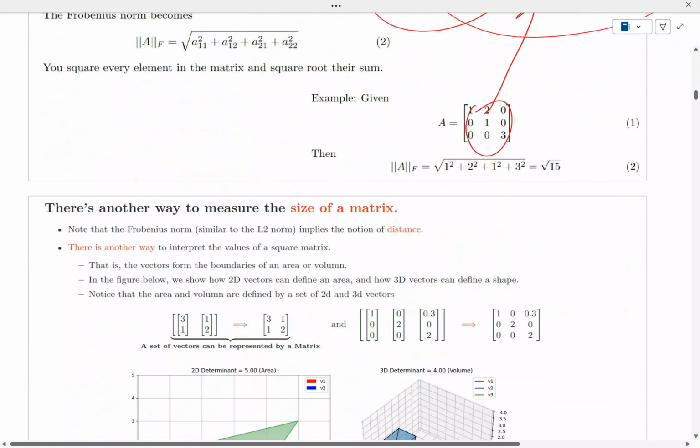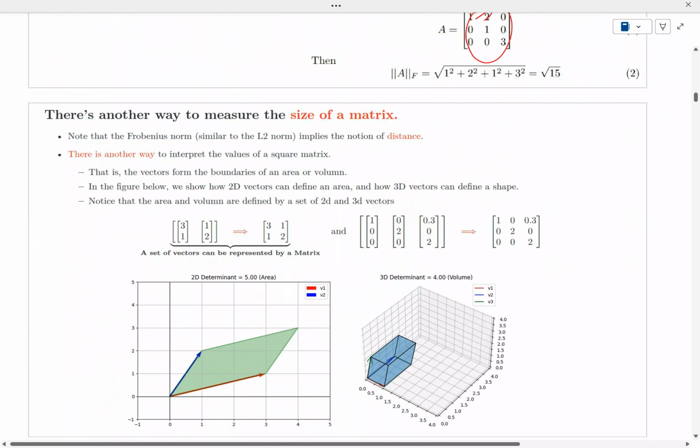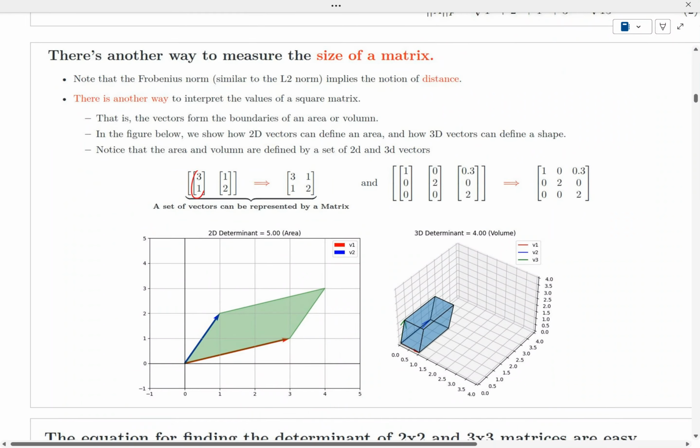Now, what's more important for today's lecture is the second way to visualize the size, and that is, what if we let each column vector represent the boundaries of a shape? So, for example, over here, these two vectors form a boundary of a particular shape, and we want to know the area.